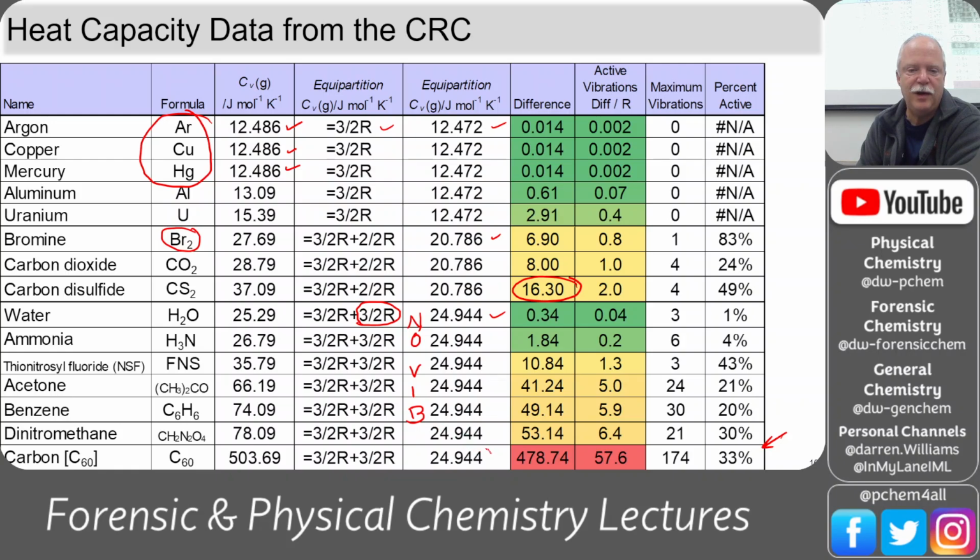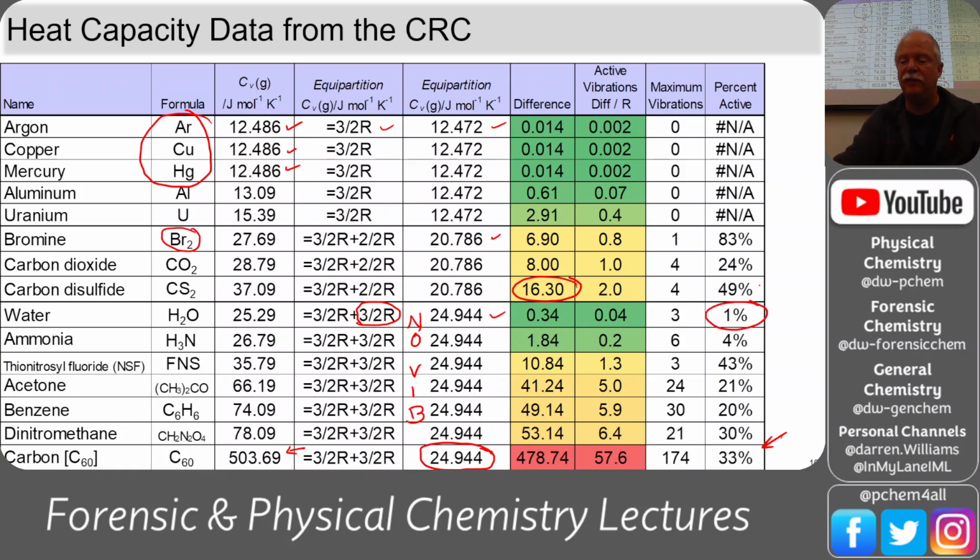So yeah, the theoretical translational and rotational heat capacity should be 24.9, just like all the others, but its heat capacity is 503. So neglecting the vibrations in a molecule that big is a bad assumption. Neglecting the vibrations in water, not a bad assumption, right? Only 1% of the vibrations are active in water.